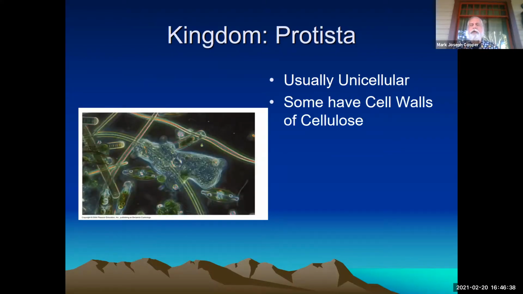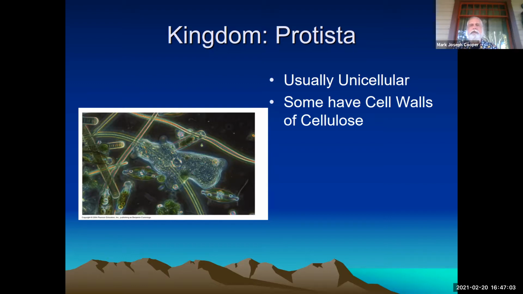So Kingdom Protista, and I'm going to tell you, that's the last time you're going to see me use that. Protista is a grouping today. It's what I call the grab bag. We put the organisms in there that we don't know what to do with, and we called it a kingdom. This Protista probably has 20, 30 kingdoms within it now, and we're not going to worry about it.